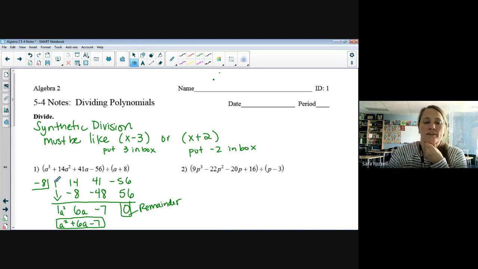What did I do with the 1 at first? I took the 1 and I dropped it down. So you take your first number and you drop it down. So y'all can go ahead and write your top row, your coefficients. Then we're going to drop our 1 down.